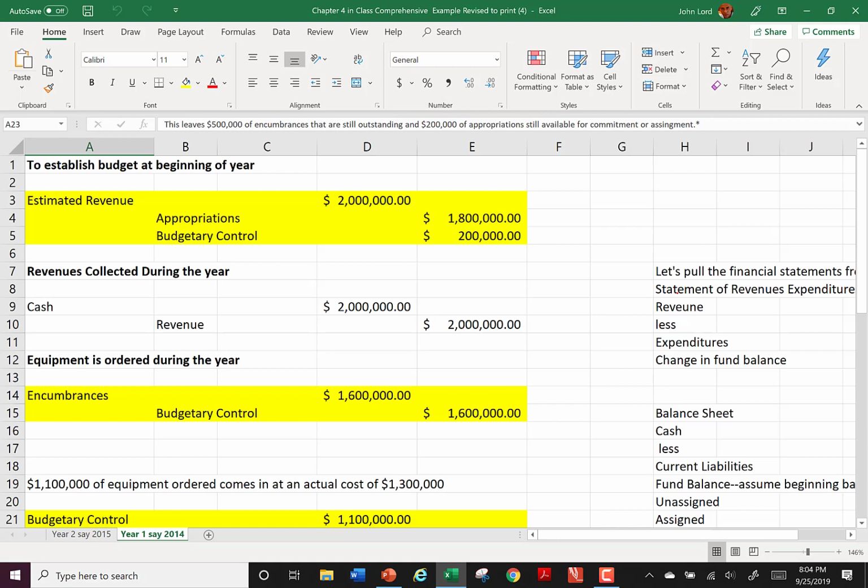Right? Then what? Then I go ahead and I have the debit to encumbrance, don't I? And when I enter that debit to encumbrance for how much? 1,600,000. I am left with budget authority of 200,000.